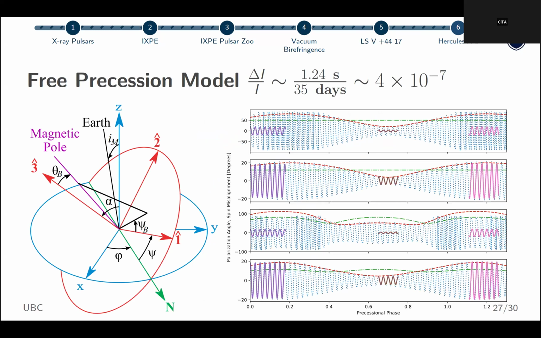If we look at it closely, and just focus on the free precession to start with, we can think about different possibilities. Once you're doing free precession, you end up with tons of angles, which I've just drawn here. These are the Euler angles. Oh my God, we're back to Euler again.